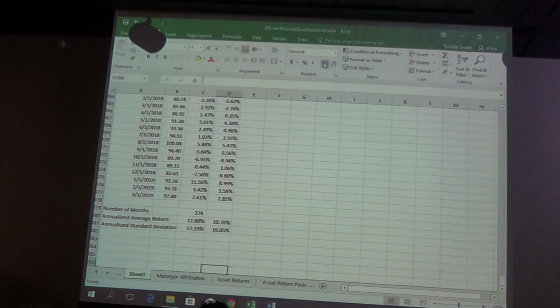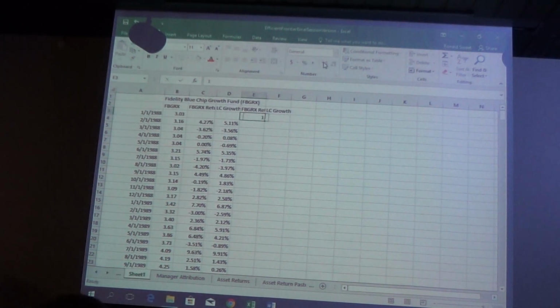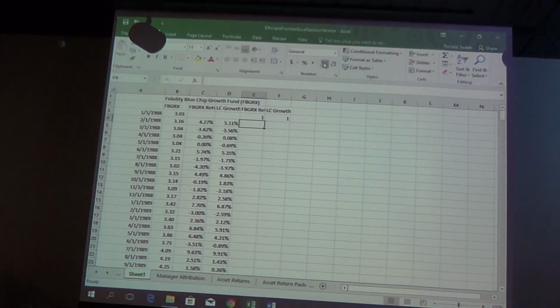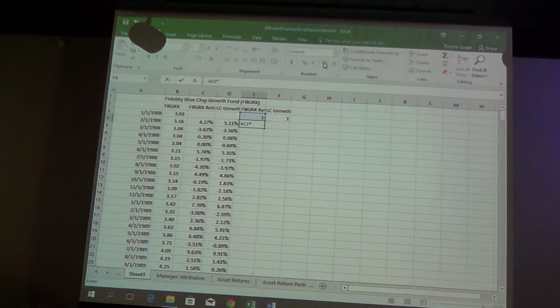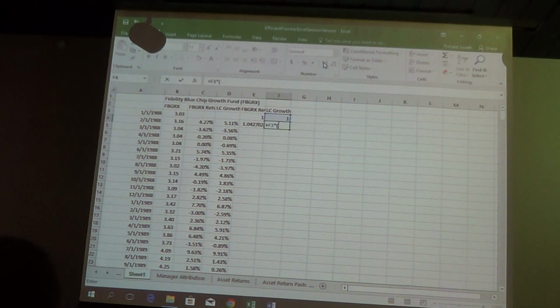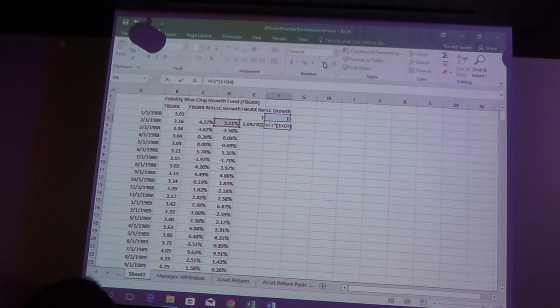What else can we do? We'll go back up to the top, and we're going to bring our fund over and the growth index over, and we're going to start them both at $1. And we're going to link these returns. So you take $1 times 1 plus the first month's return. Do the same thing with the S&P: the previous cell times, open parentheses, 1 plus the return.